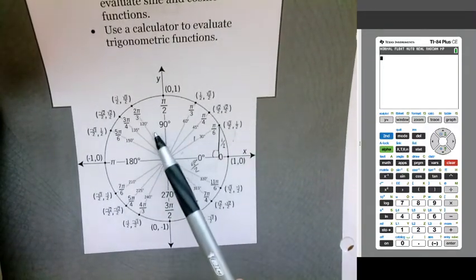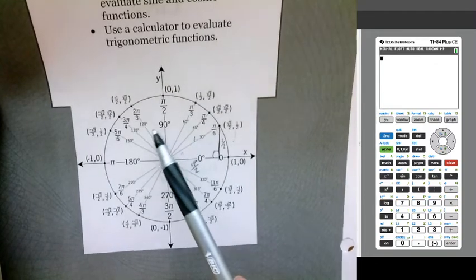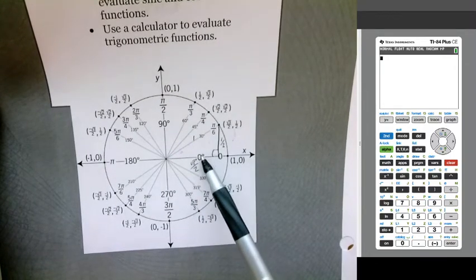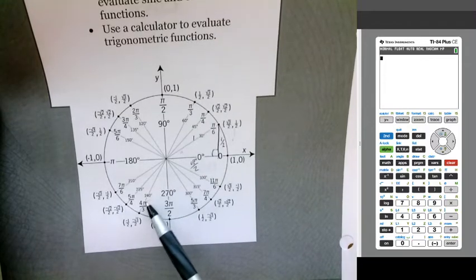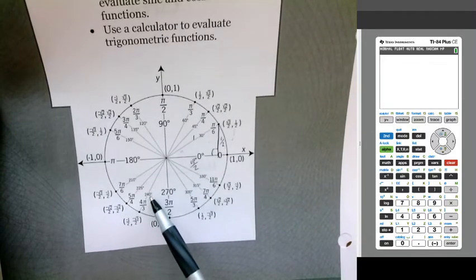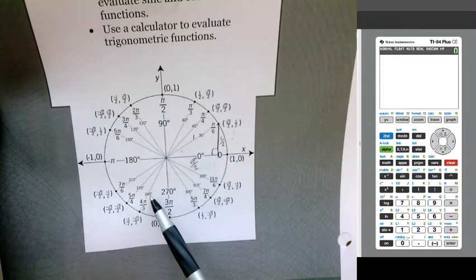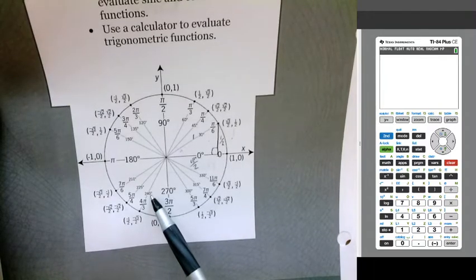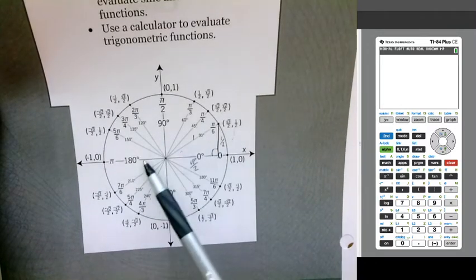Like 120 degrees is here. Negative 120 degrees would just be in the opposite direction, so down here, even though it doesn't say negative 120, that's coterminal to 240.